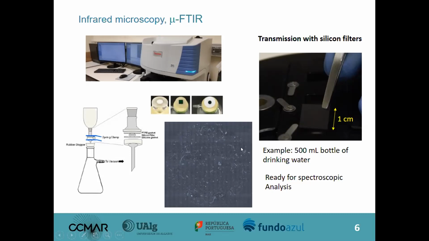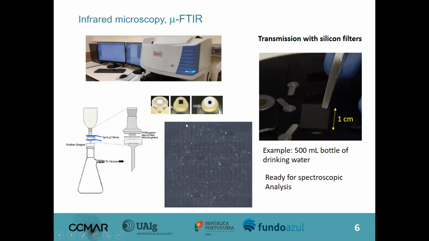And at the end, it will give a report with the spectra and the number of particles, the identity of particles, the shape of particles, everything we need about the particles that were detected on this filter surface. It can take a long time. That depends on the number of particles we select on the filter.